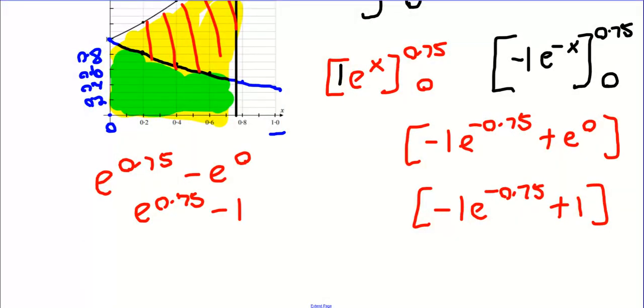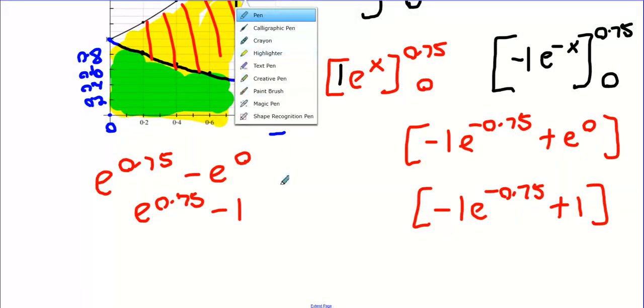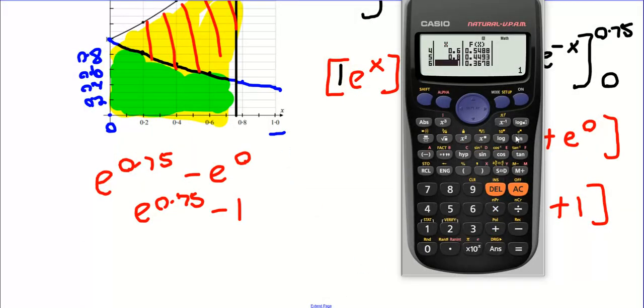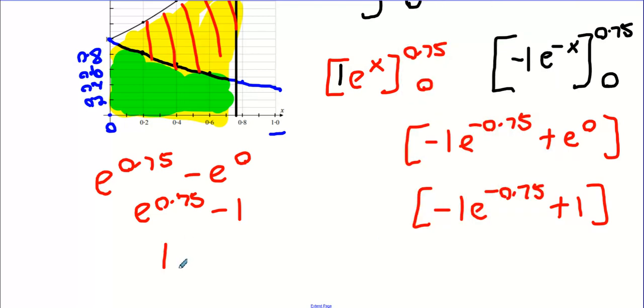So is everybody happy with the two of them? I can put them both into decimals though, which is okay. So the first one could be e to the power of, what's it? E to the power 0.75, yeah? Take away 1.